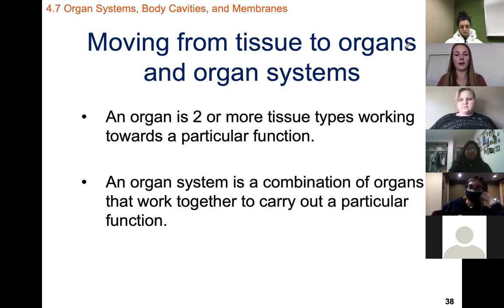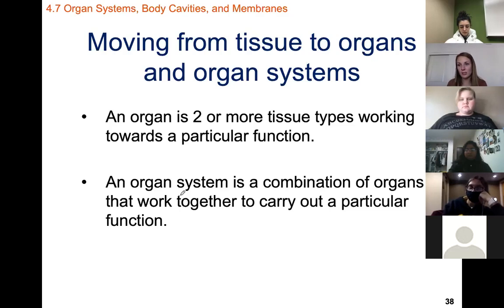And they are in combination with other organs such as my trachea and things like that. My lungs and my esophagus and my trachea help with the respiratory system, meaning that it's how I breathe. So when the organs are working together, they're called an organ system.